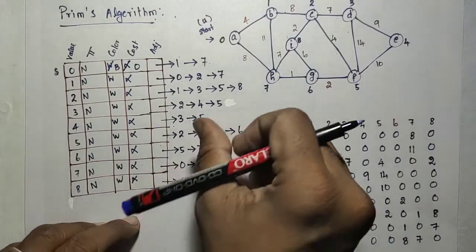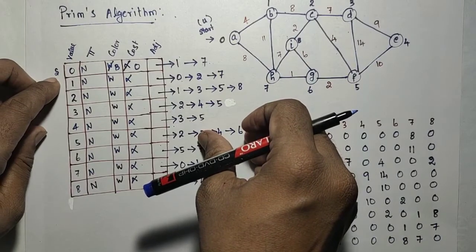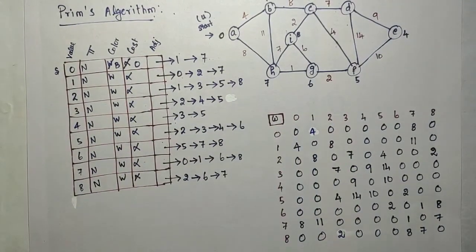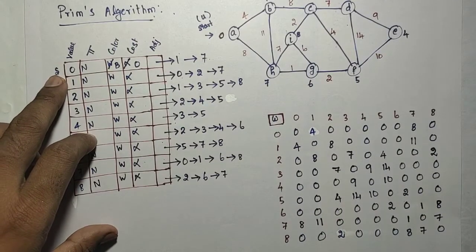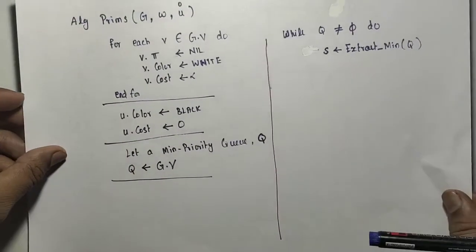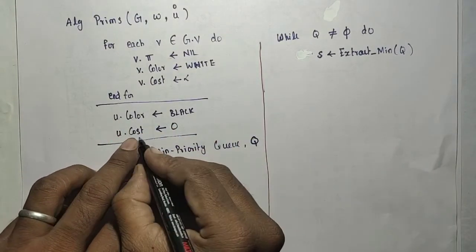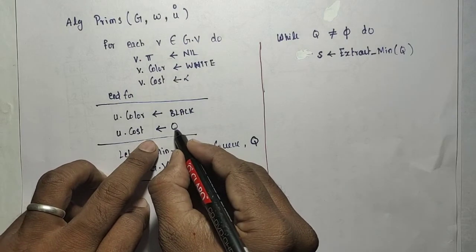So then what we have to do is mark that as visited. Actually, for this starting node U, only the cost needs to be updated with 0.